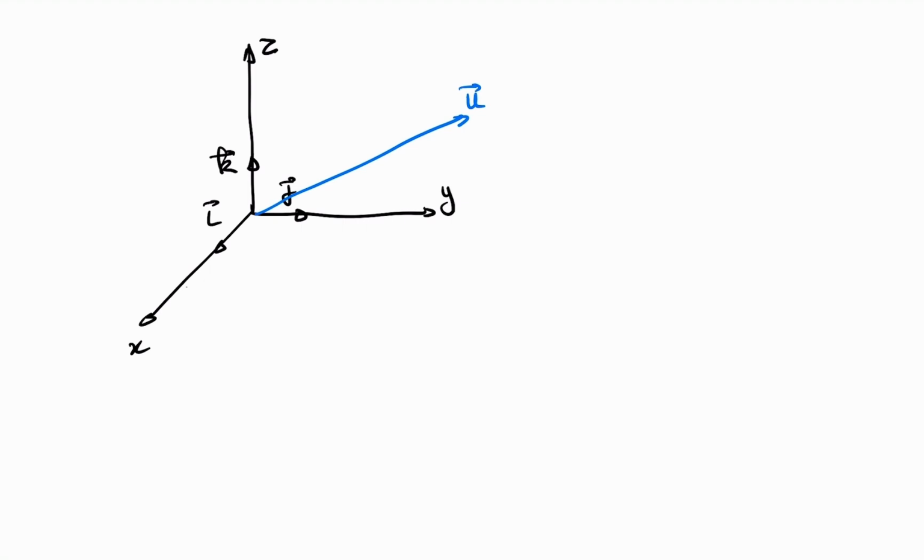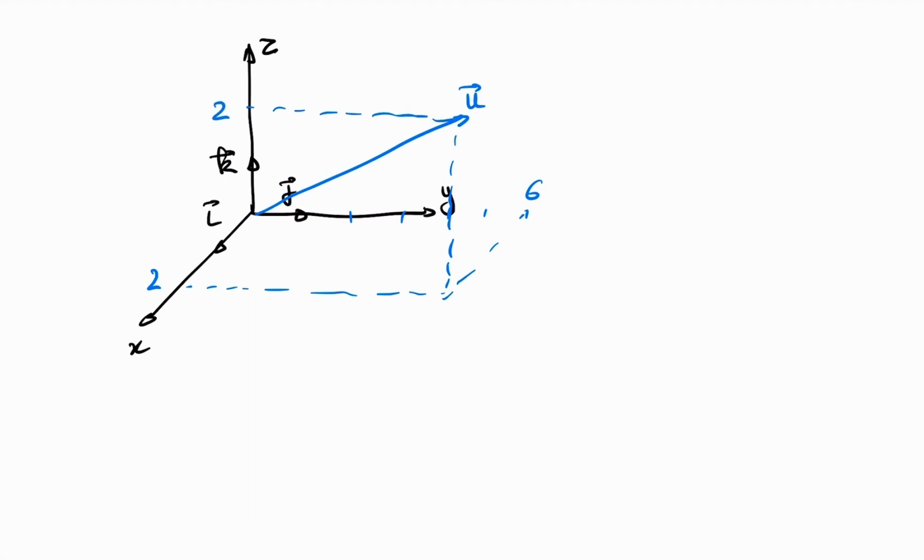Let's project it here. That's going to be 2, then 1, 2, 3, 4, 5, 6, and then here it's going to be 2.